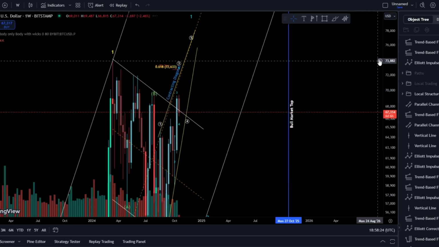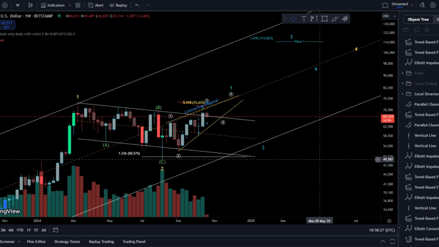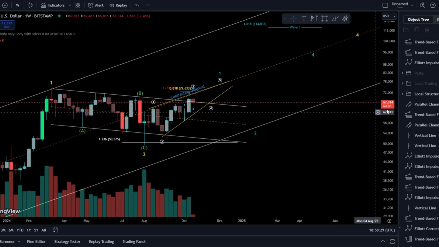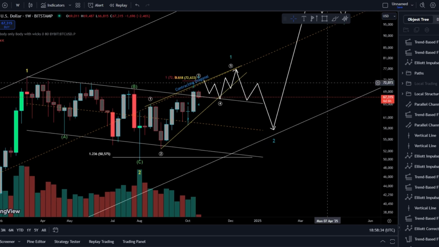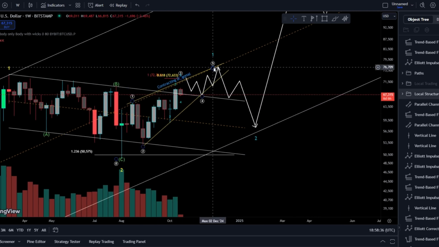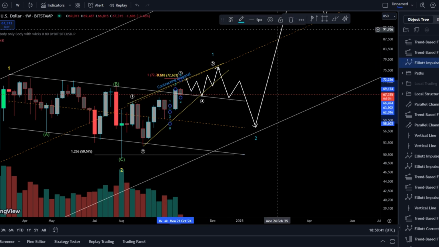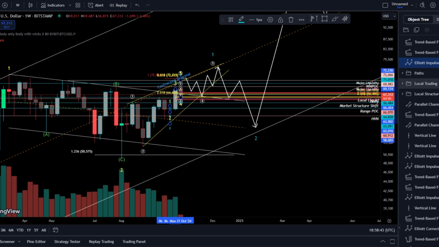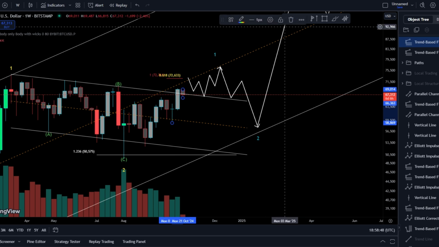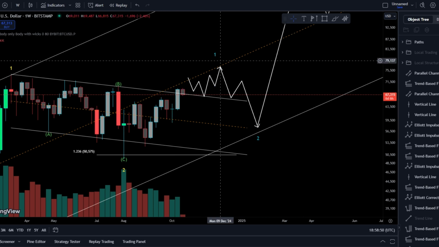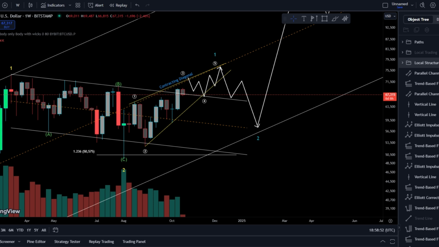Zooming back out to the weekly, where would we head from here? Let's turn on our path. After completing this wave 5, our 5-wave internal structure, which would complete our wave 1 of a larger degree, we would like to see a pullback.